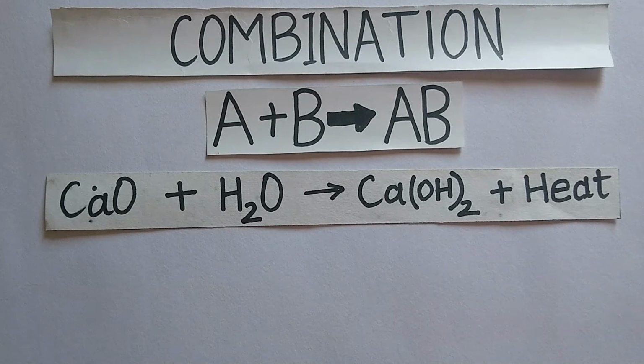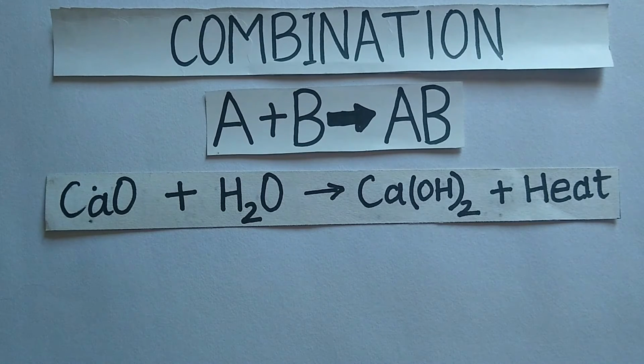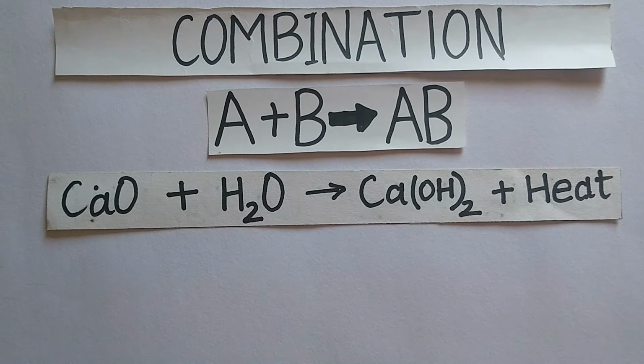So you know that matter exists in three states, right? Which is solid, liquid, and gaseous. This state of matter has to be mentioned for the products and the reactants that we are using. These will be called the state symbols.